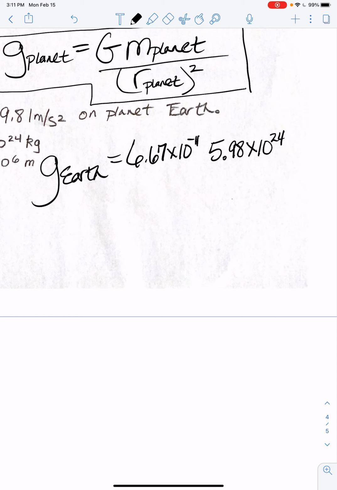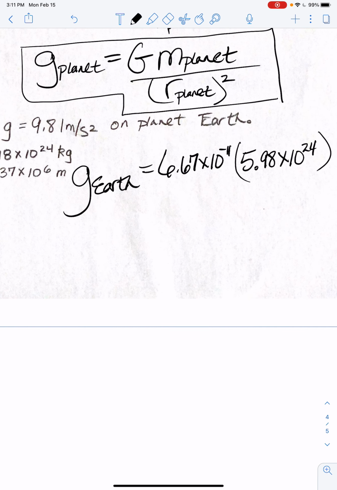But this kind of gets at how we know what the mass of Earth is. If we can calculate the gravitational field on Earth experimentally, if we knew that that was 9.81 and we knew the radius of the Earth, we can calculate the mass of the Earth using this equation.